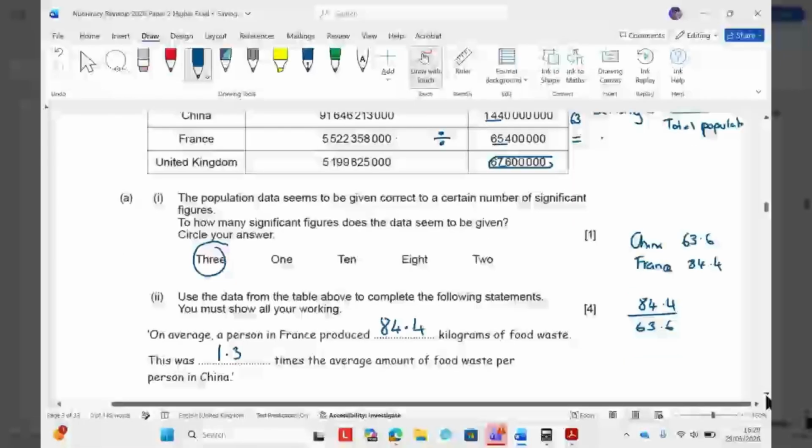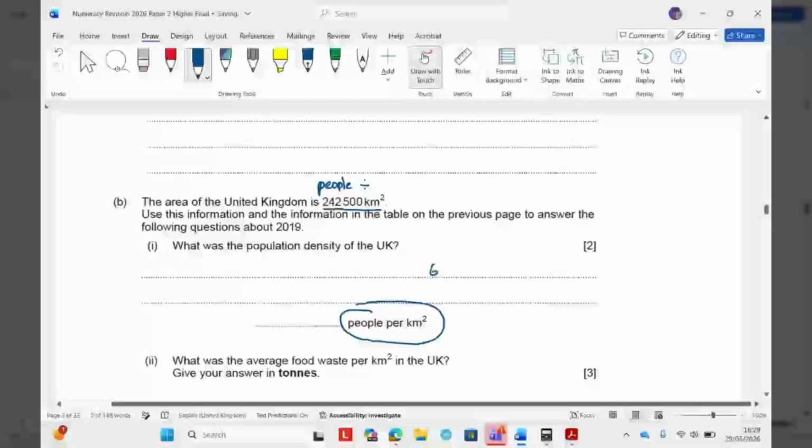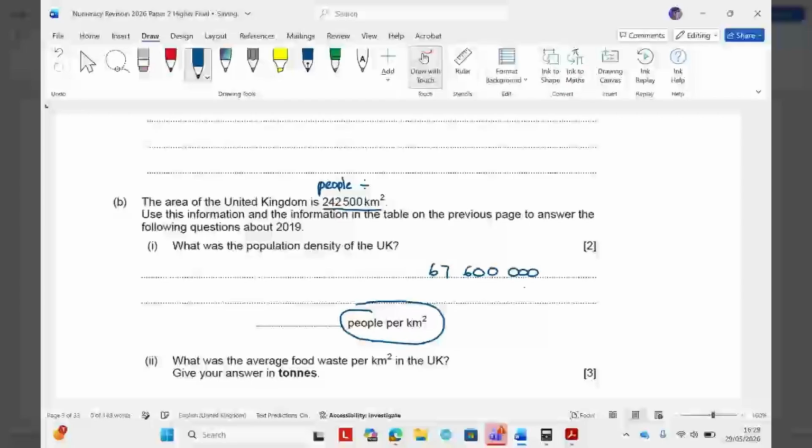I'm just all over the place here, aren't I? So there are 67.6 million people living in 242,500 kilometers squared. So if I divide those, I will get how many people per kilometer squared.